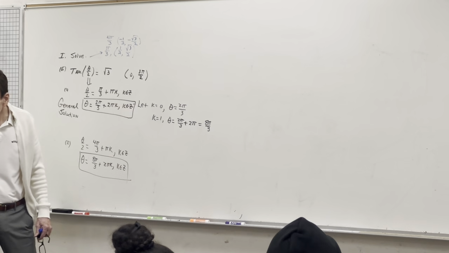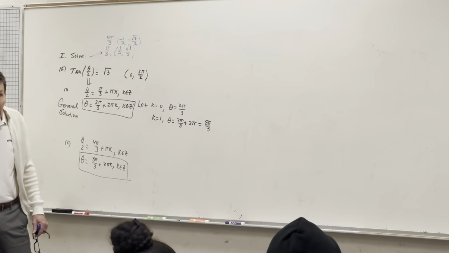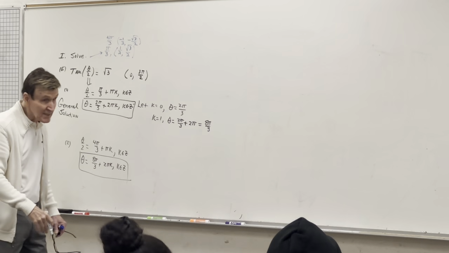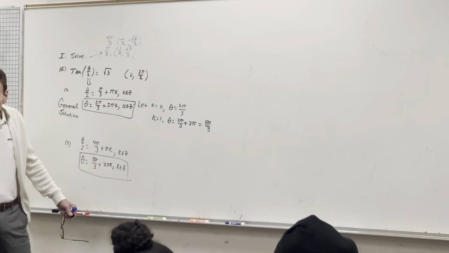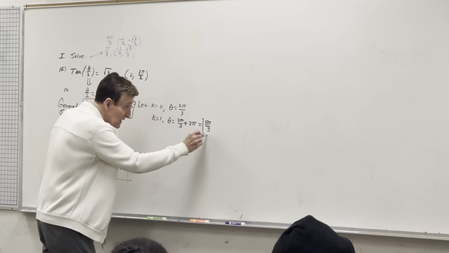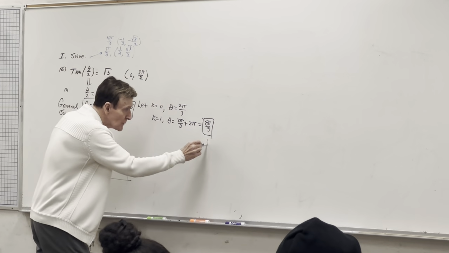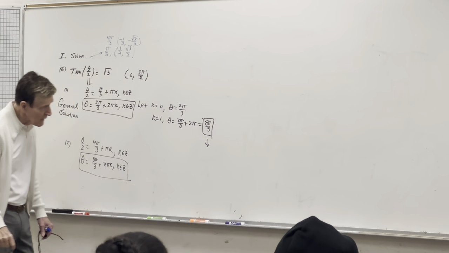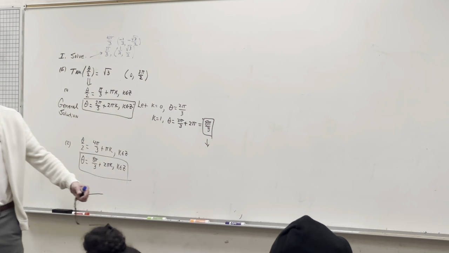Or you could change these to degrees, if it's easier for you, to see if it fits. Does anyone know what 8 pi over 3 quickly converted to degrees would be? This is the answer, guys, that we have to determine whether we're going to accept. What's that in degrees? If you use a conversion factor or do it quickly?